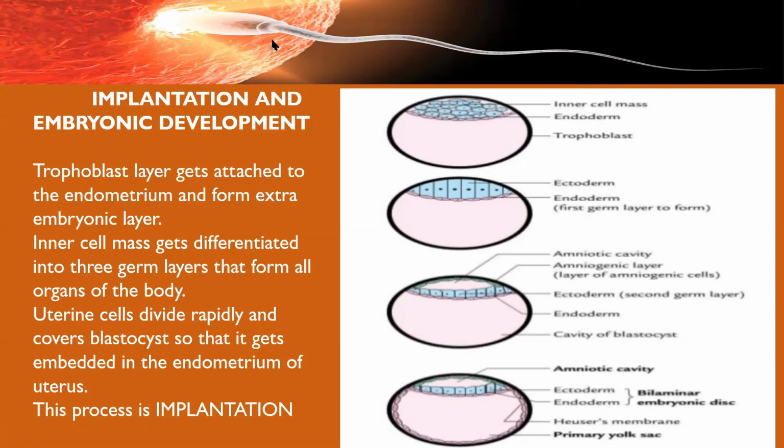This blastula moves down to the uterus and gets attached to the uterus. Now the uterine cells, the cells of the endometrium wall, will multiply repeatedly. They will cover this blastocyst all around, and you can say they engulf this blastocyst inside. The blastocyst gets embedded in the endometrium, and this process is known as implantation.